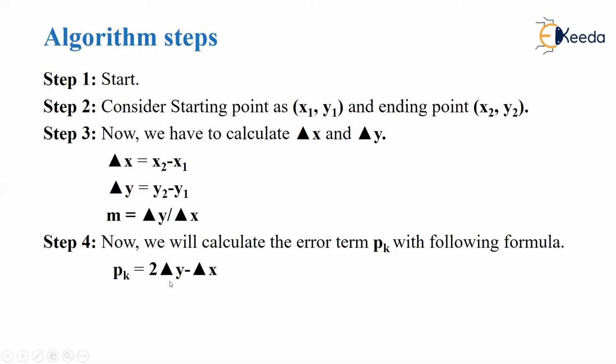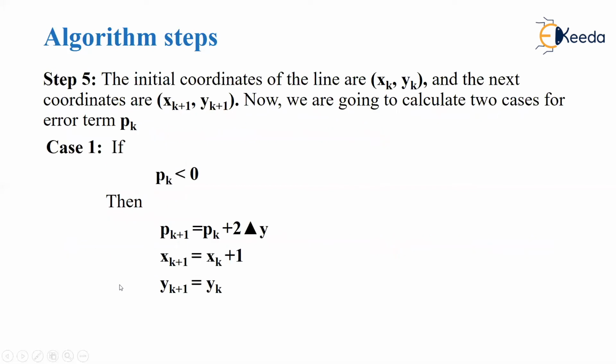We place those values into this formula and we will get the value of the error term. Now here we initially consider the initial coordinates of the line. We will consider them as xk and yk.